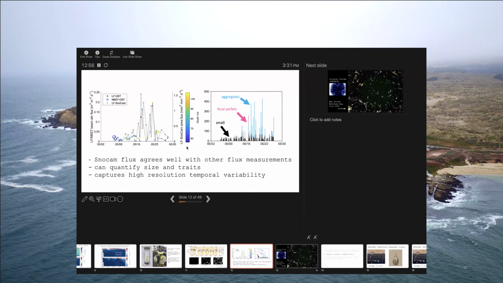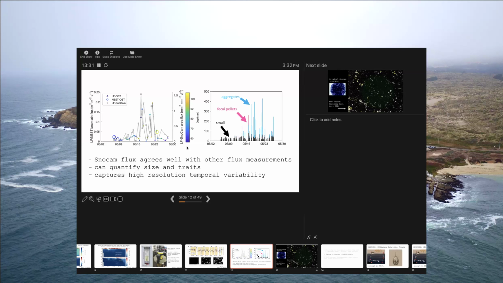We can learn something about, again, particle size and particle identity, but we can also translate it into a proxy for carbon flux. On the left panel here is a comparison between the SNOWCam, shown with the open squares, and some of our other platforms, the NBST OST and the Lagrangian float OST, that show very, very similar patterns at high resolution.